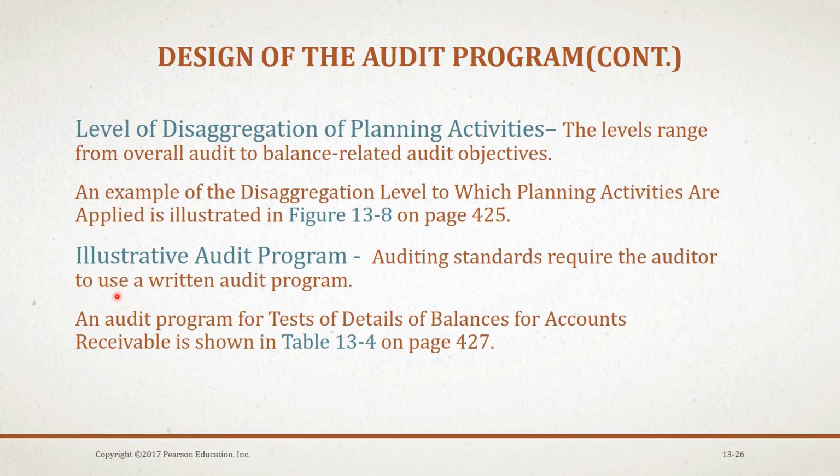This is a program which is electronic, and basically details each step you're doing, who did it, when did they do it, where can it be found in the work paper file. If a lawyer or judge comes on the scene and says, you did this step in the audit program, where did you document it? If it's not there, the standards automatically ding you saying you didn't do it.